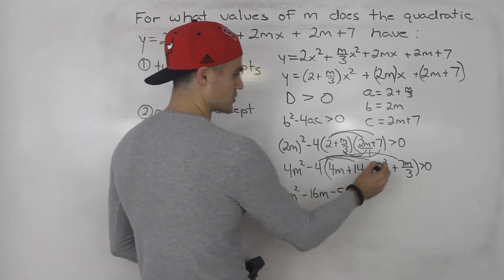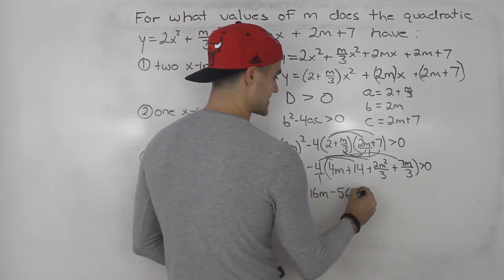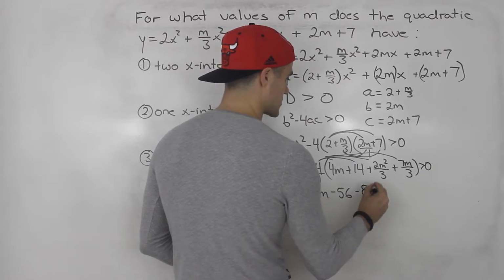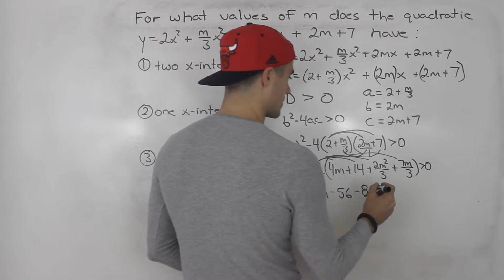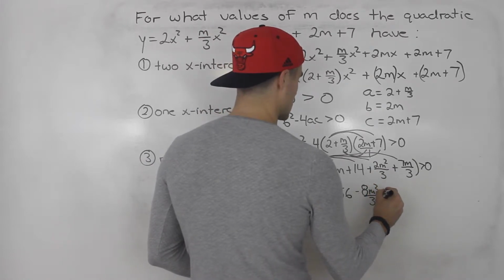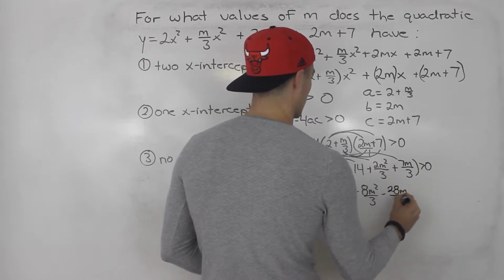Then negative 4 times 2m squared over 3, this is like 4 over 1, so that would be minus 8m squared over 3. Then negative 4 times 7m over 3 is negative 28m over 3.